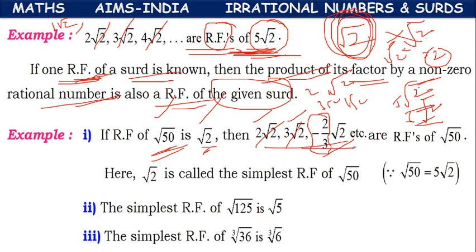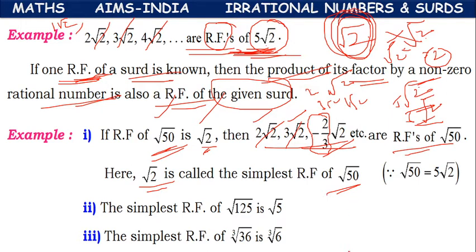So these all will become rationalizing factors of root 50. But out of all of them, root 2 is considered as the simplest rationalizing factor.